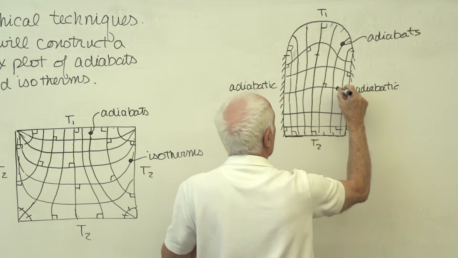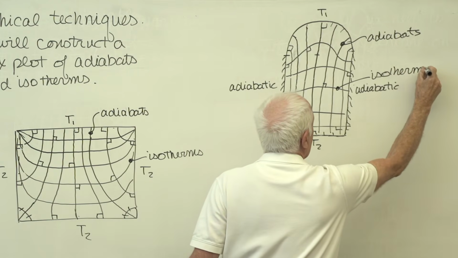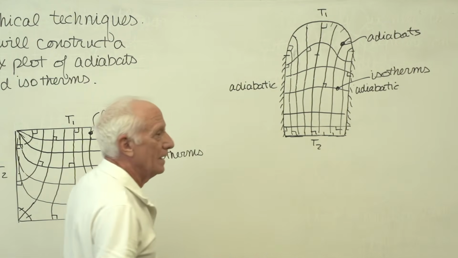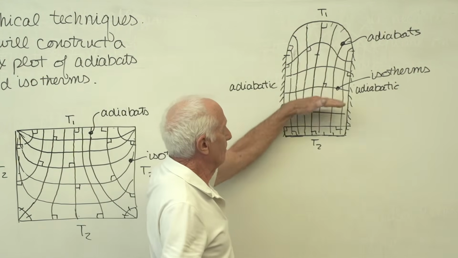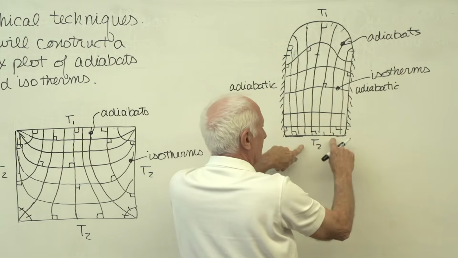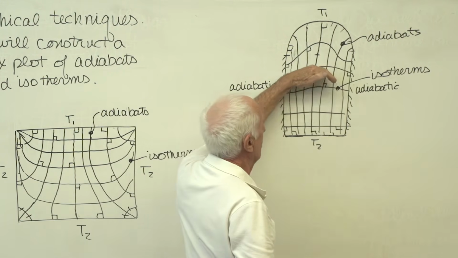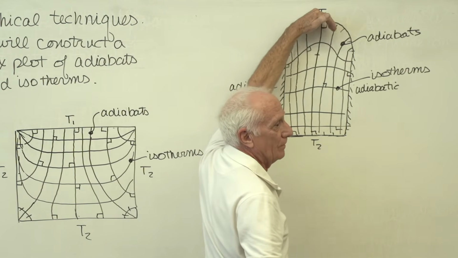These are the isotherms. They bulge out near the top because at the top it's a semicircle. At the bottom it's a horizontal line, so they start to bow up until way up here they're a semicircle.